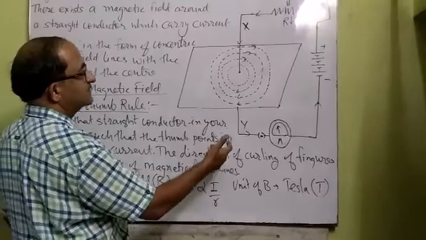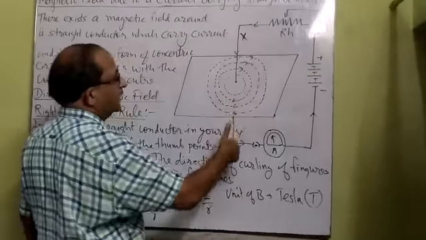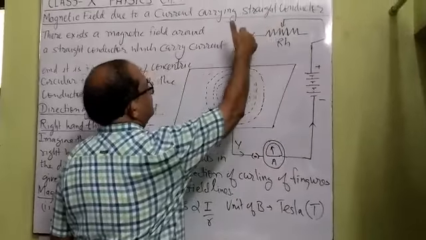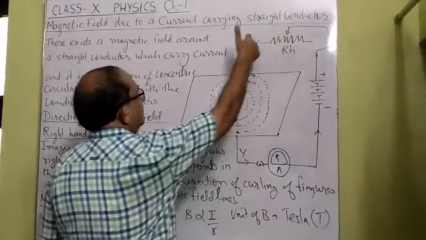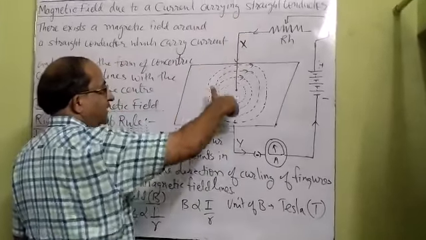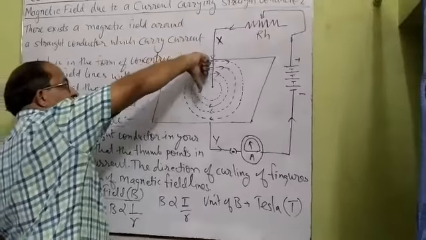Just see in this activity, since the current is passed in the wire from X to Y, because the battery's positive sign is above, the current goes from the positive sign towards the negative sign, which means in the conductor from X to Y it passes from north to south. So we have to keep the thumb in the downward direction.